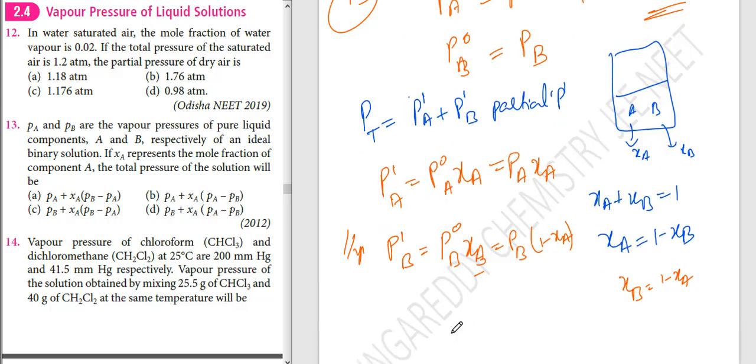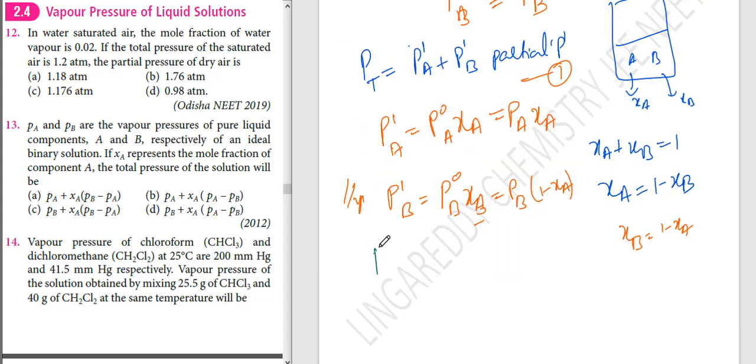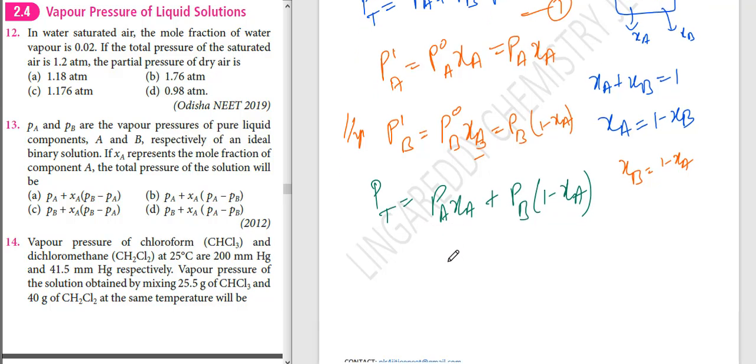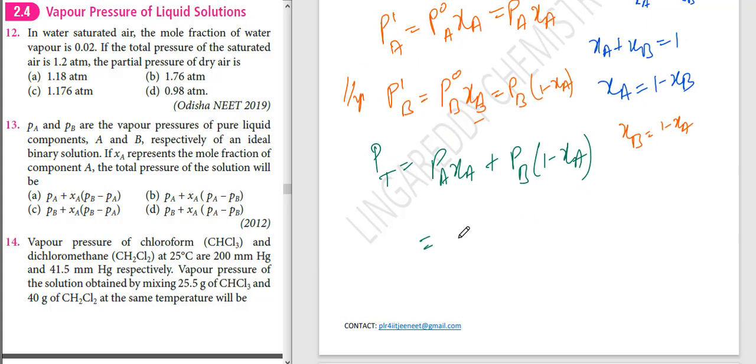Just you substitute in the equation number 1. So P total equal to P dash A. P dash A means PA XA plus P dash B. That means PB into 1 minus XA. Okay. Any relevant answer is there? Okay, XA common we took. You take the common XA.